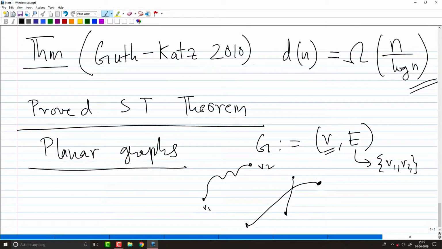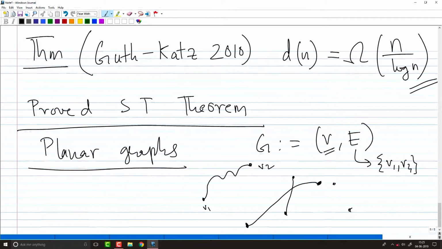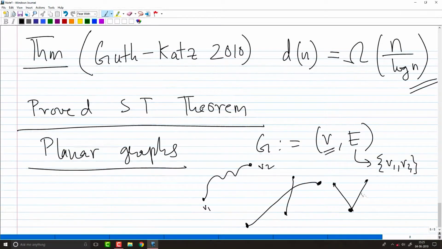Also, if you have a vertex and two edges incident to the same vertex, so this edge and this edge, you do not want them to intersect each other. You do not want to draw the edges like this, because again it makes no sense. This intersection I can easily remove.